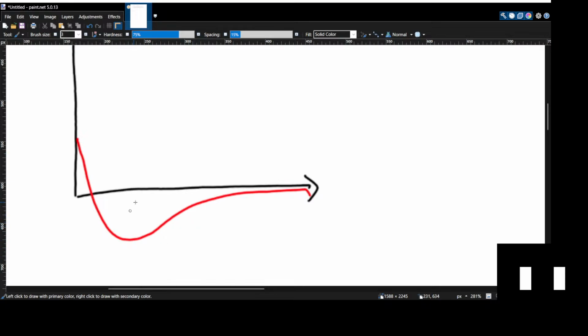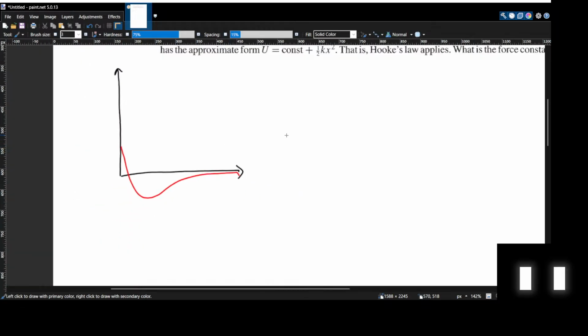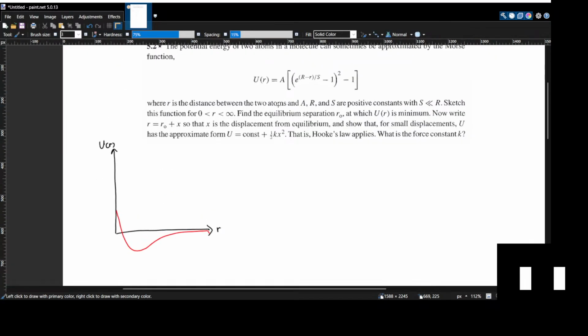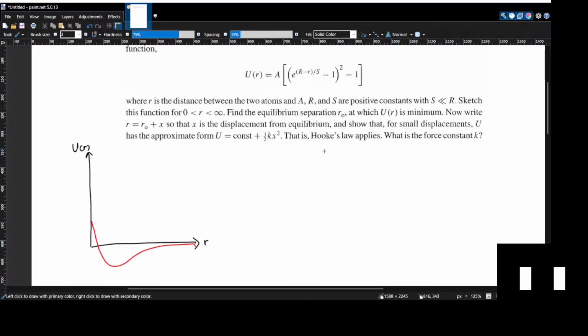It's where the potential energy is. This is the potential energy, and this is the radius away from the center of the atom. Yeah, R is the distance between the two atoms.